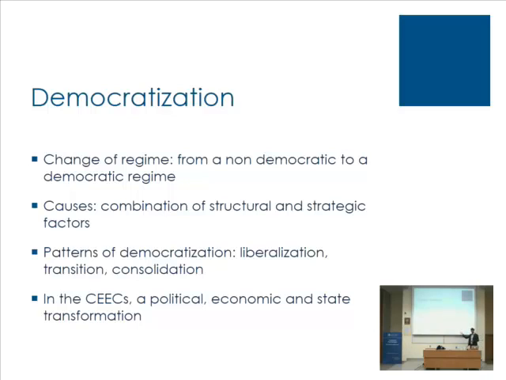There may be a regression, democratization may be blocked, or reversed. But we can define at least 3 stages, starting from liberalization, when an authoritarian regime begins to introduce some civil liberties, some political rights, very limited, and then transition, when new structures, new institutions, new actors of democracy take place, and then consolidation.